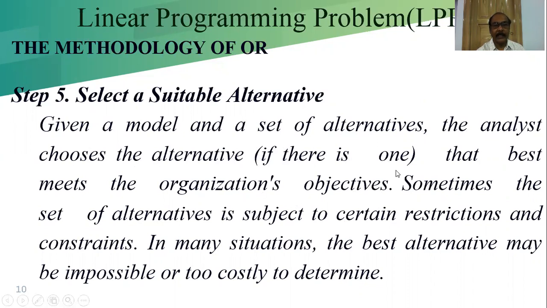So we select that one by fitting the data. Sometimes the set of alternatives is subject to certain restrictions and constraints. In many situations, the best alternative may be impossible or too costly to determine.